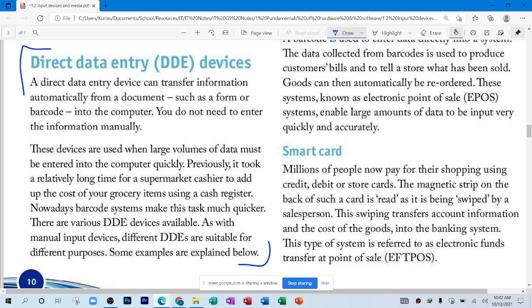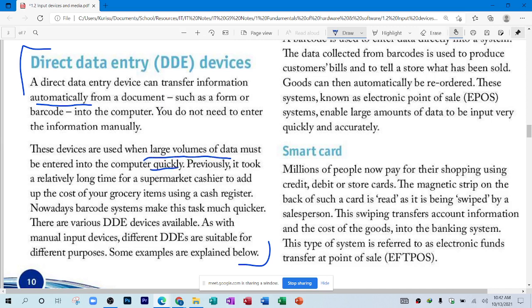Direct data entry or DDE devices. A direct data entry device can transfer information automatically from a document, such as a form or barcode, into the computer. You do not enter the information manually. These devices are used when large volumes of data must be entered into the computer quickly.